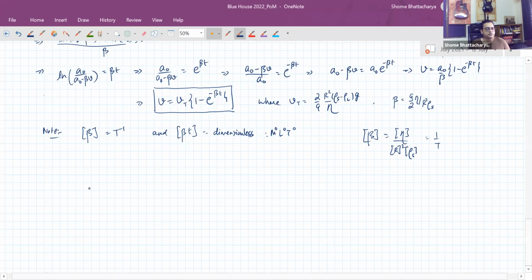Now the other thing is that at t equal to 1 by beta, which is a constant value in time, v becomes terminal velocity into 1 minus e raised to minus 1, or approximately 0.693 times this.